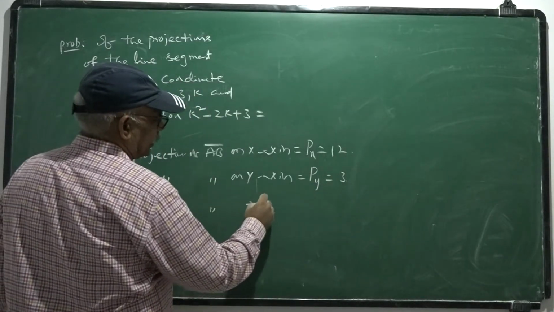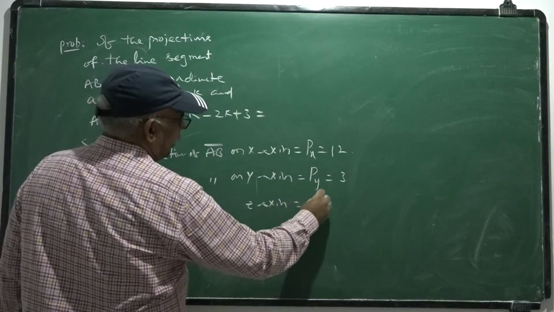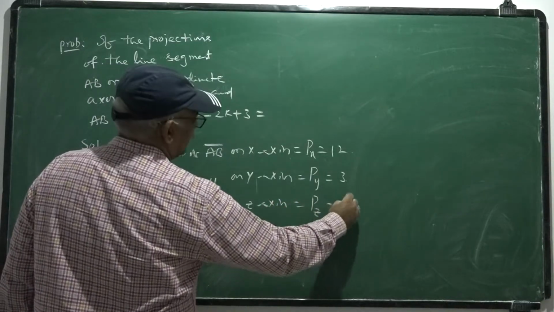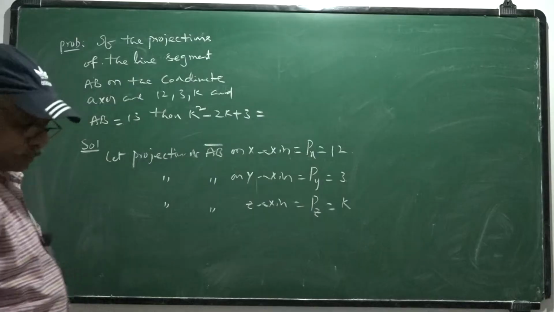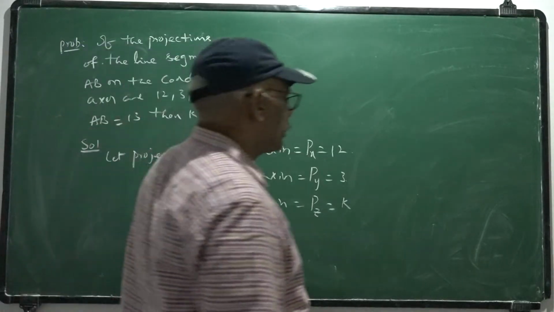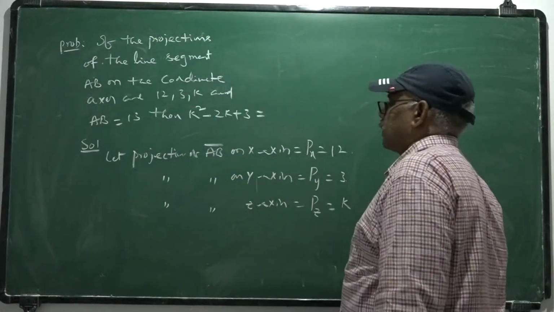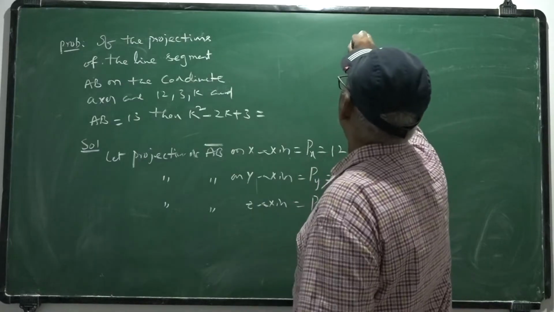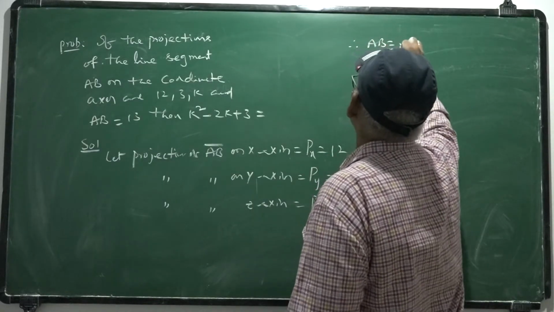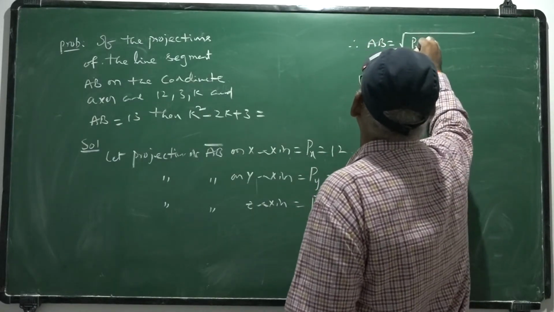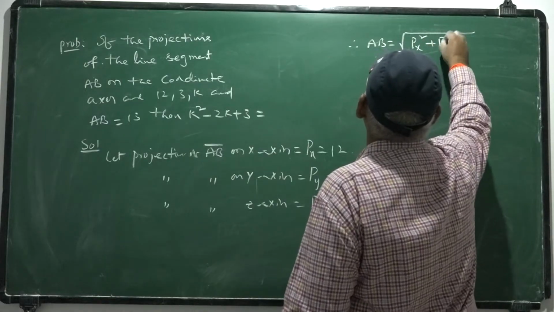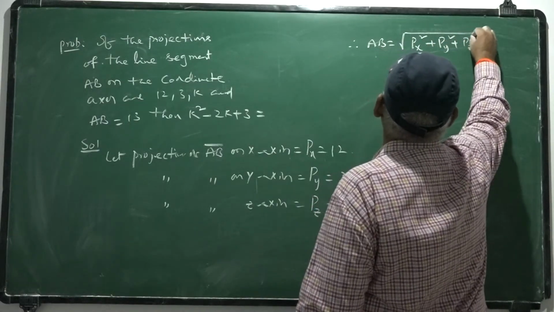Projection of AB on z-axis Pz is K. Once the projections of line segment on coordinate axis are given, AB takes the value square root of Px square plus Py square plus Pz square.